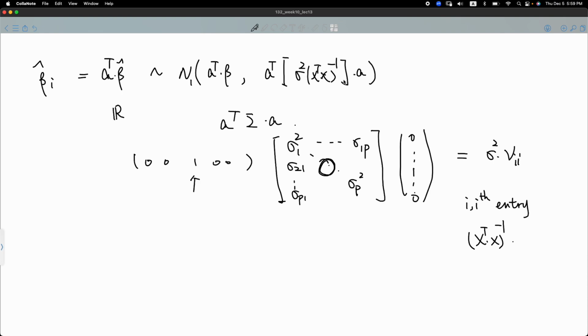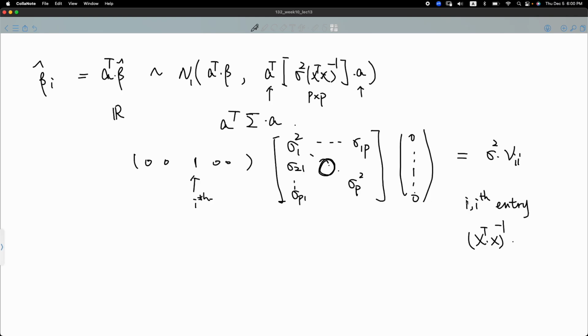So let me just repeat what this operation is doing: when you left multiply by a vector A, which is a zero vector with only the ith entry equal to 1, and then you also have an A here, that is essentially just extracting the ii entry in this p by p matrix.